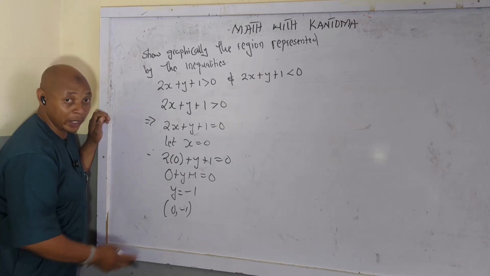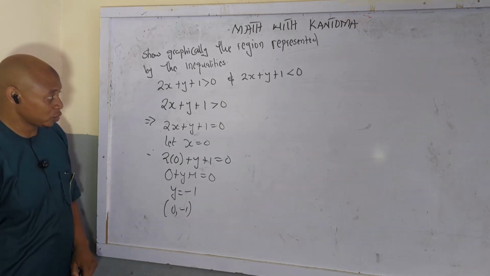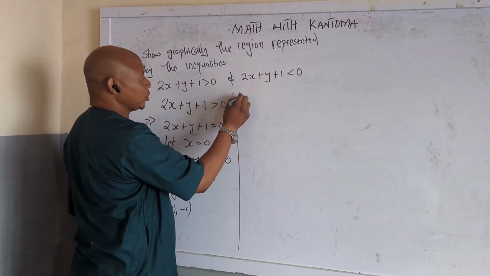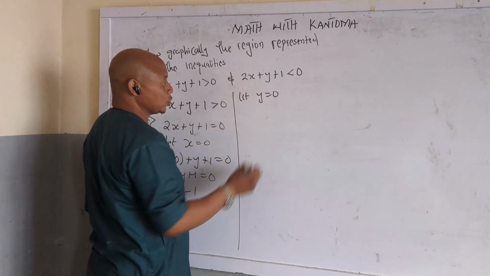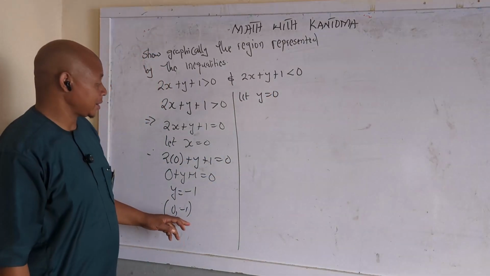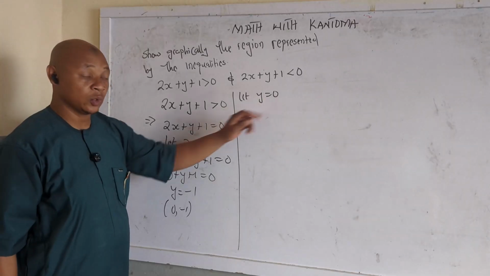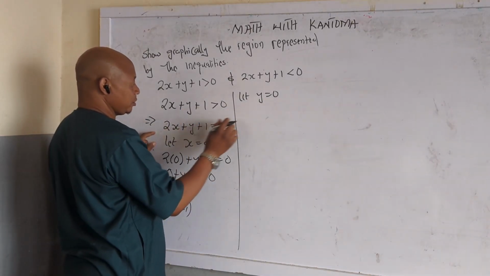So this is x comma y. When x is 0, the corresponding value of y is minus 1. Then again, we go by assumption. Let y be equal to 0. Since in the first case x was 0, now we are assuming y to be 0. Substitute the value of y in the equation and find the corresponding value of x.